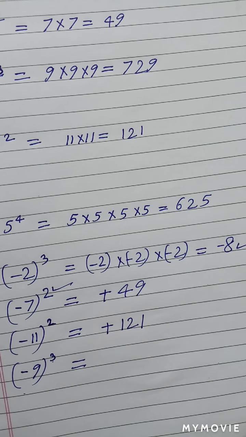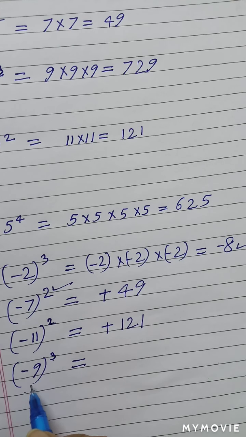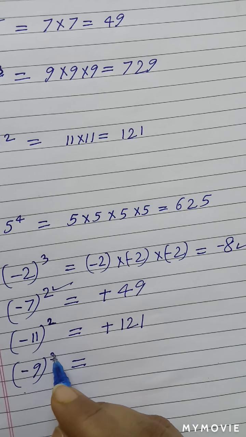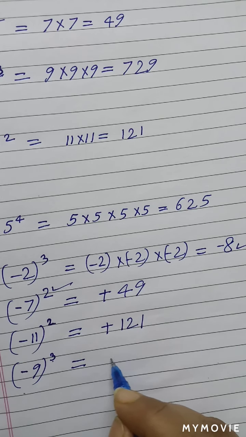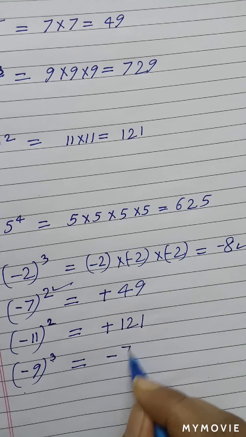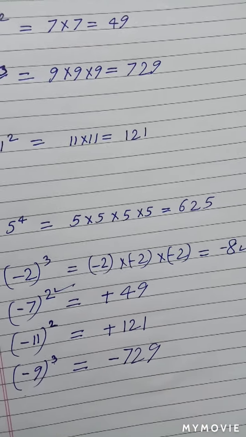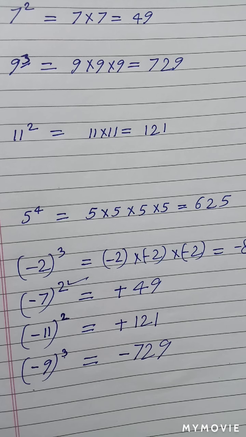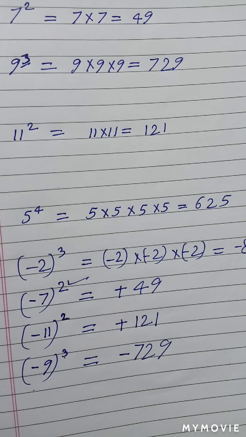Minus 9 raised to the power 3. The base is a negative number and the exponent is an odd number. So the sign of the product is going to be negative. Let me repeat myself. Whenever there is a negative integer and there is an exponent over that negative integer, always check if the exponent is odd or if it is even.